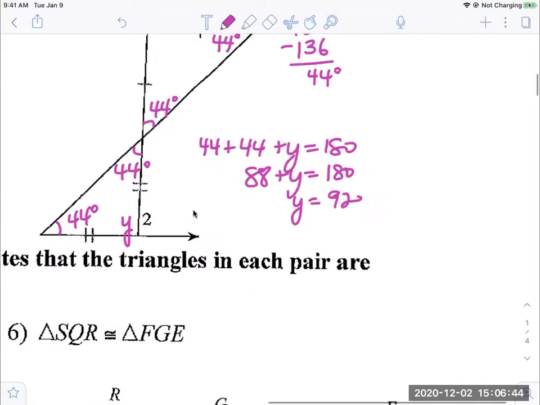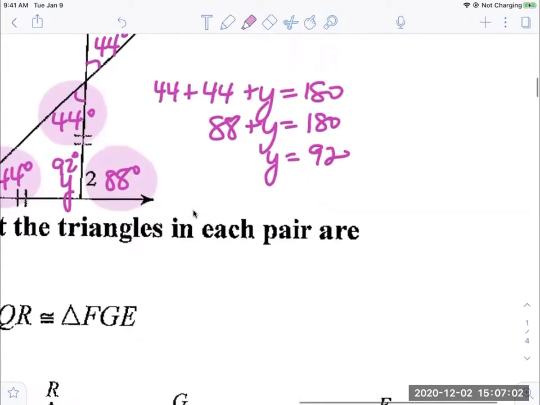So then that means that if this is 92 degrees, this angle measure is 88. Now, if you noticed that that's an exterior angle, you could use the exterior angle theorem and say 44 plus 44 gives us 88. We don't have to actually calculate that. Okay, but here doing 180 minus 92 would give you the 88.